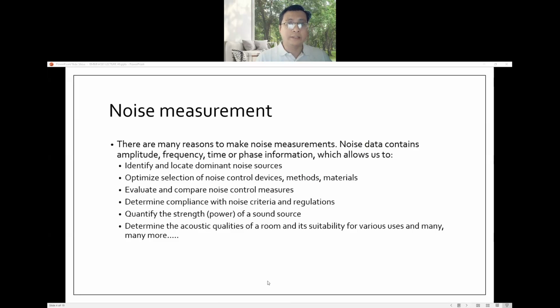Then we can evaluate and compare noise control measures, determine compliance with noise criteria and regulations, quantify the strength or power of the sound source, determine the acoustic qualities of a room and its suitability for various uses, and many more.